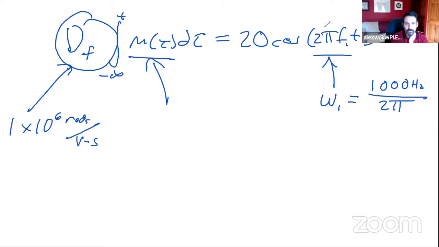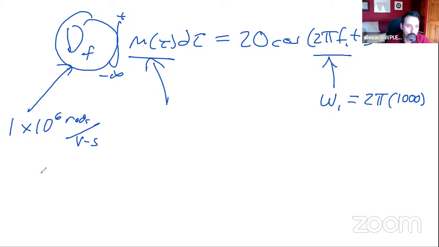Silly me, again. No, it would be 2 pi times 1000 hertz. Yeah, that's correct. All right, so we have that.